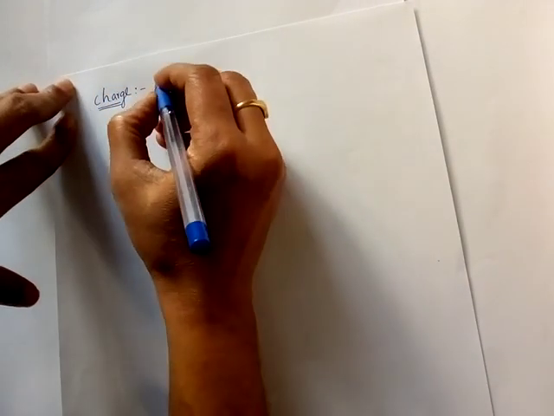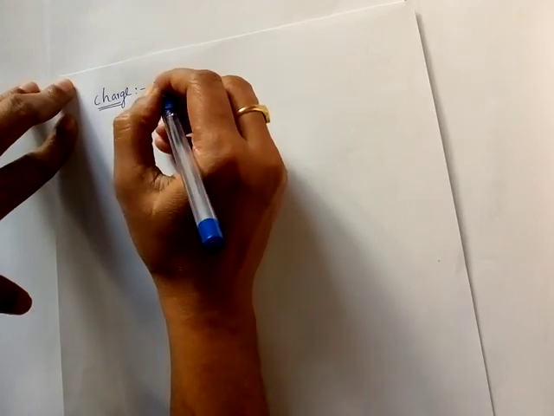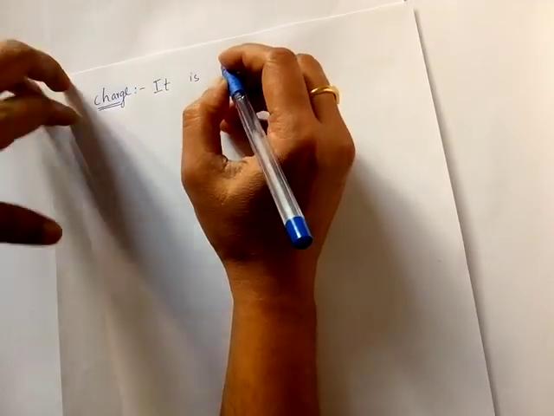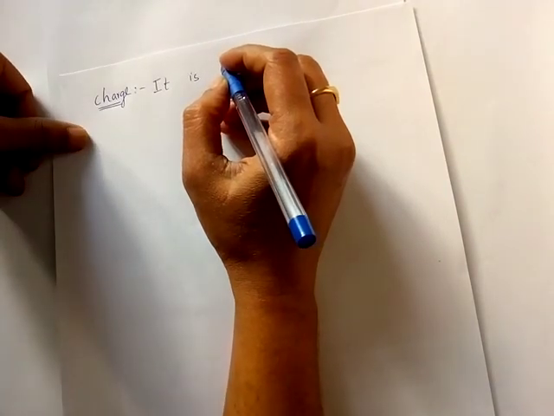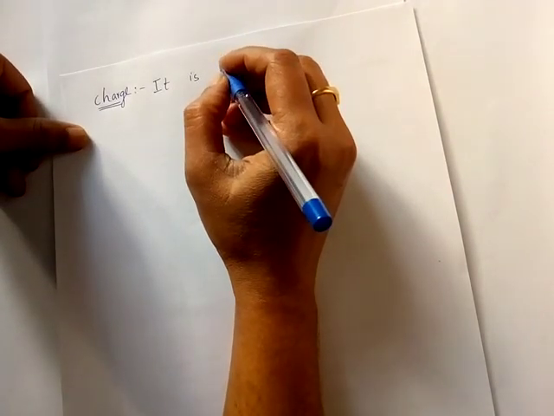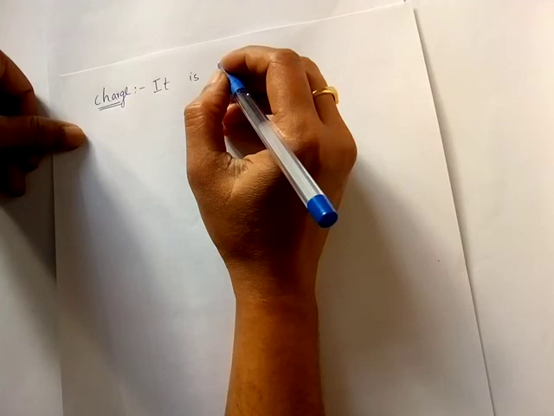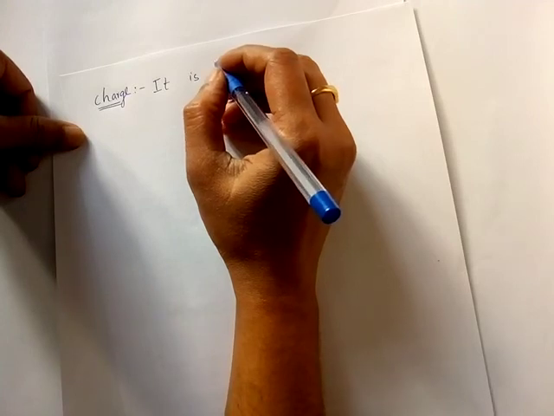It is the fundamental property of any matter. Matter means mass. So we have already seen charge is associated with mass. Any object with certain mass will have charge because of its subatomic particles like electrons and protons. This we have seen, and we have seen charging methods also.